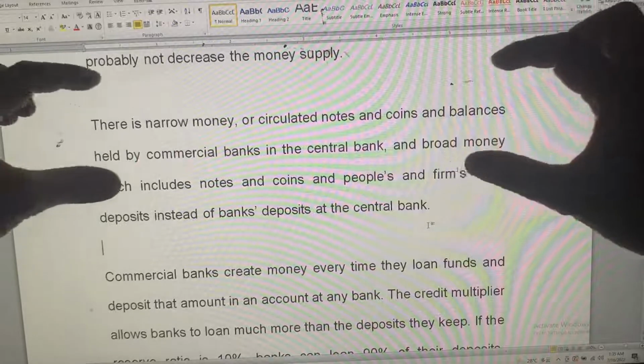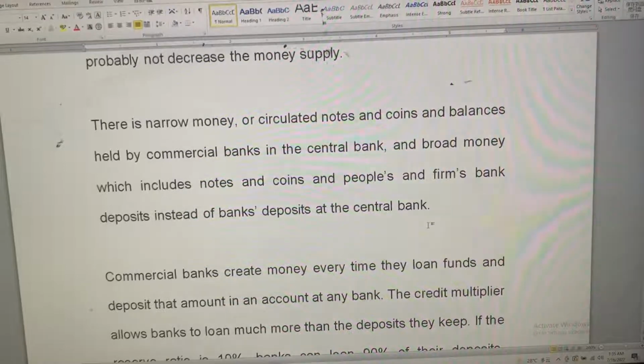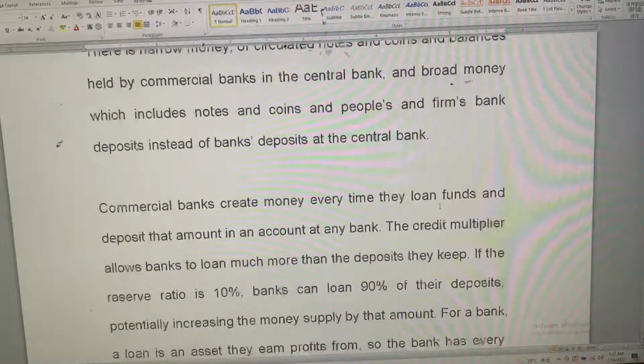This definition of narrow money, that's the Cambridge definition. If you go on the internet and look for the definition of narrow and broad money, you might find many definitions, unfortunately. So just use the Cambridge definition.